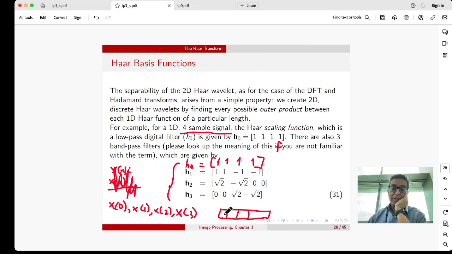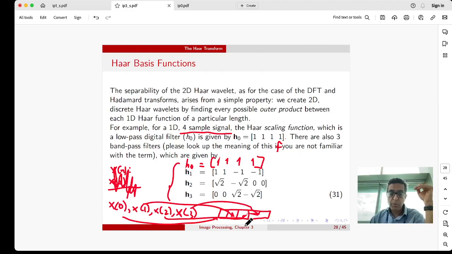So we've got our samples in here, and when we apply these basis functions, what we do is we're multiplying the values in each of the basis. This time, instead of having basis images, we have basis signals. So we apply each of these basis signals to the values x0, x1, x2, x3 in this array.